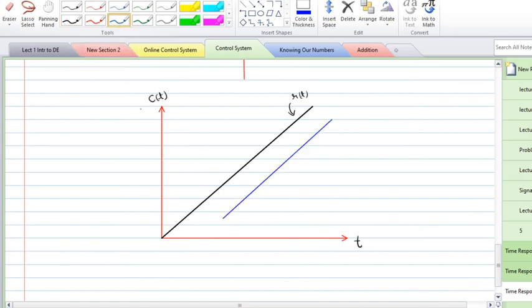Like this. Okay, this is nothing but this is your c(t).